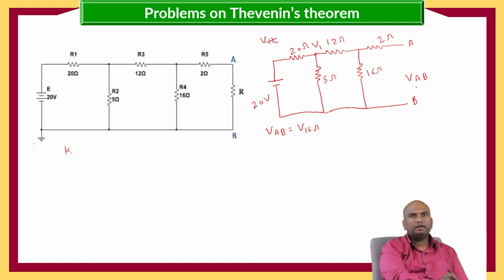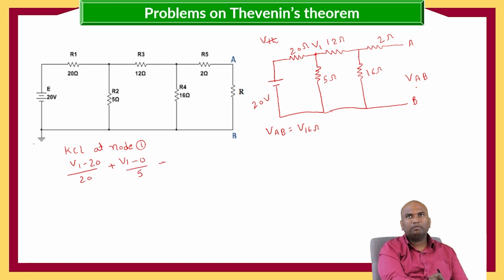So KCL at node 1 is (V1 minus 20) by 20 plus (V1 minus 0) by 5 plus (V1 minus 0) by 28, because 16 and 12 ohms are in series, which is equal to 0.